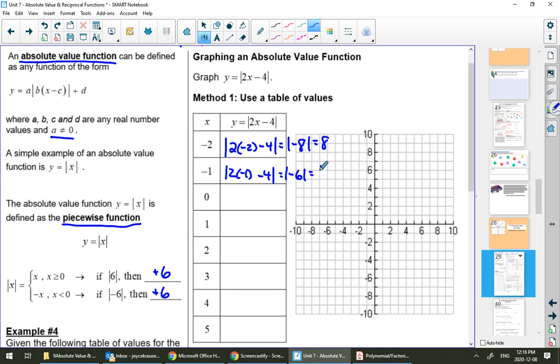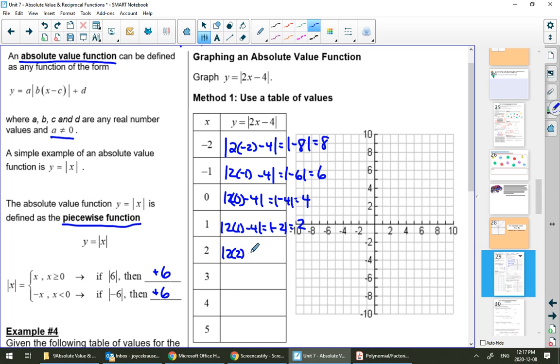The absolute value of -6 is +6. For 0, we have -4, and the absolute value of -4 is +4. For 1, we have 2 minus 4 is negative 2. Absolute value becomes positive 2.